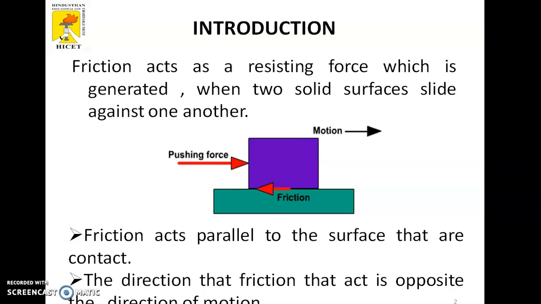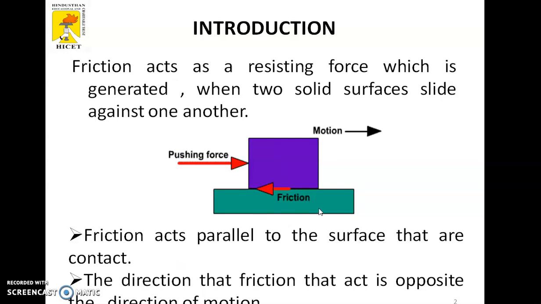Wherever a rough surface is available, frictional force is automatically and naturally generated. It is one of the types of force, friction. So this diagram makes it easy to understand what friction is.